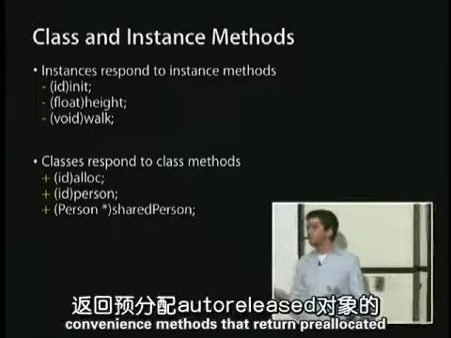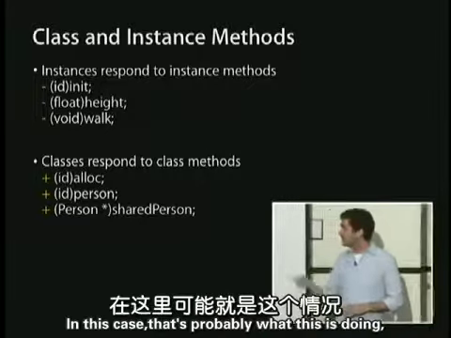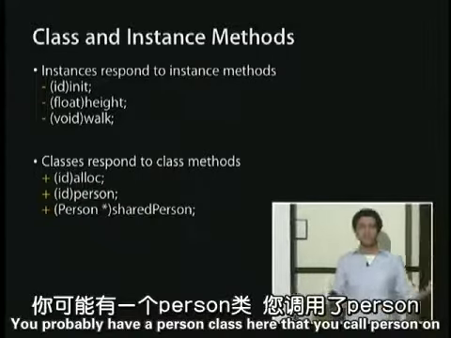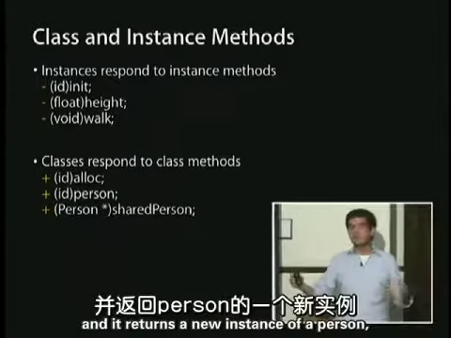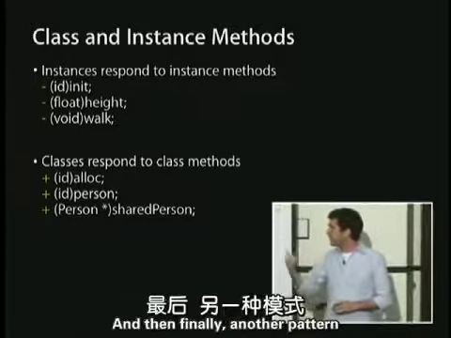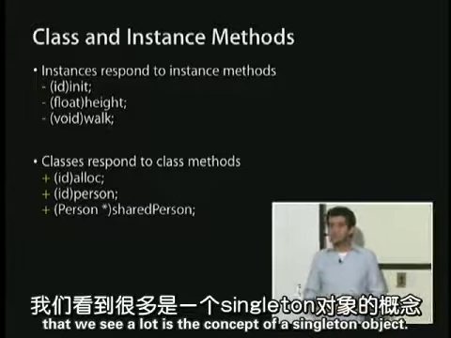Often you'll see this pattern as well, convenience methods that return pre-allocated auto-released objects. In this case, that's probably what the person method is doing. You probably have a person class that you call person on, and it returns a new instance of a person, auto-released for you. And then another pattern that we see a lot is the concept of a singleton object.